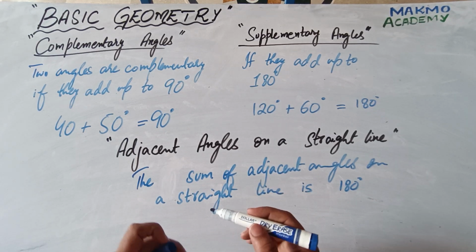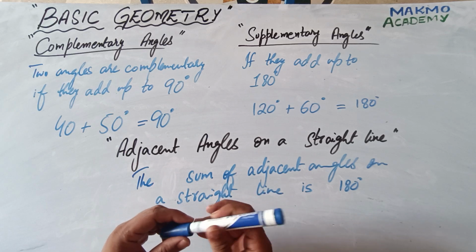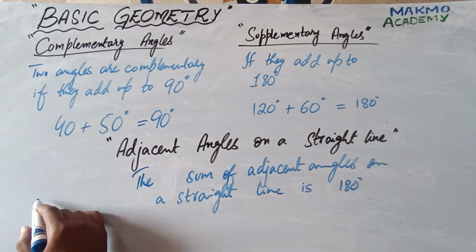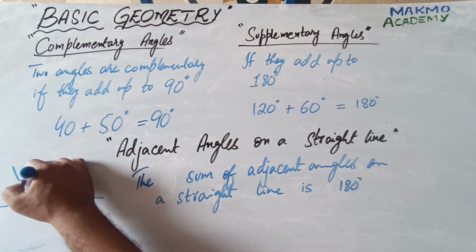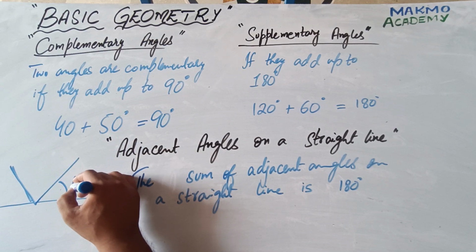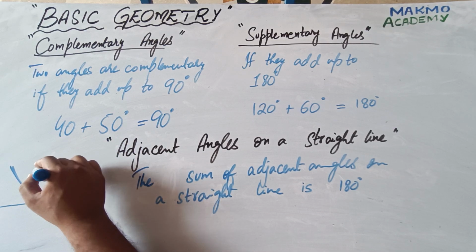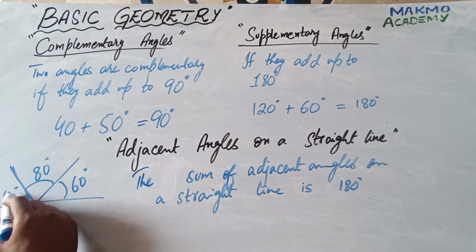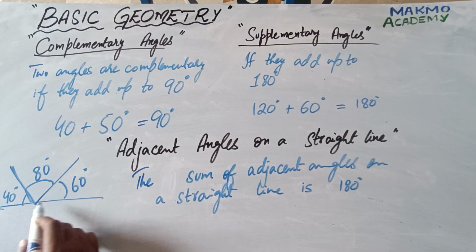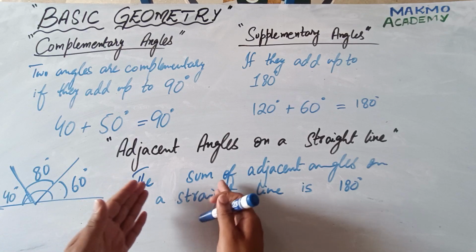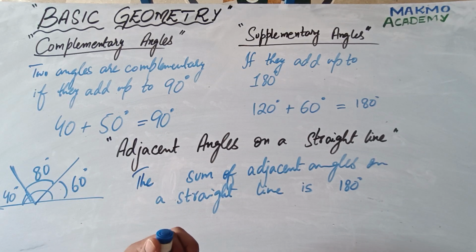So if we have many angles on a straight line, the sum of all those angles would be equal to 180 degrees. For example, if we have three angles on a straight line, one angle is 60, another one is 80, and the last one is 40. If we add up all of them, the sum would be equal to 180 degrees. So this is how adjacent angles are.